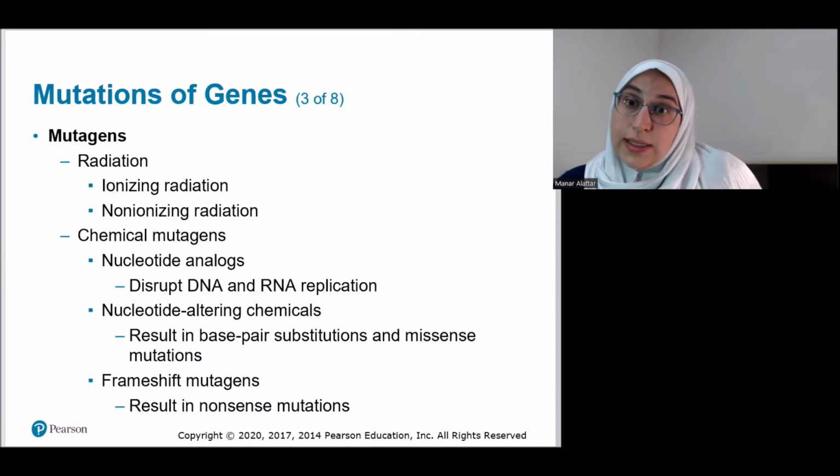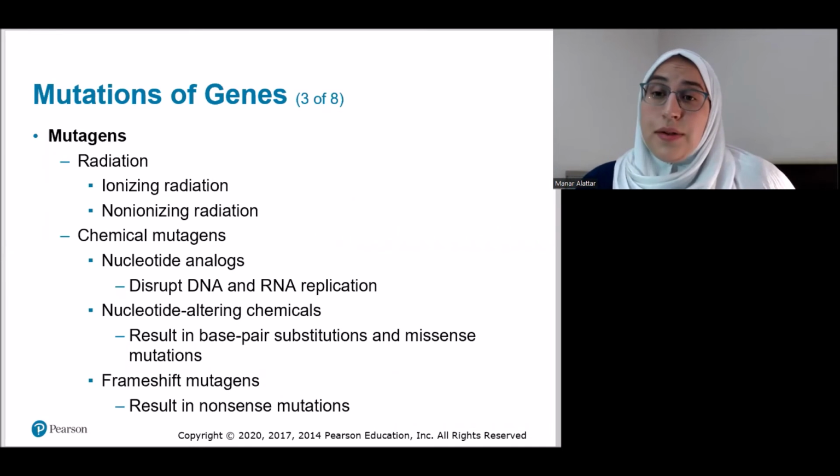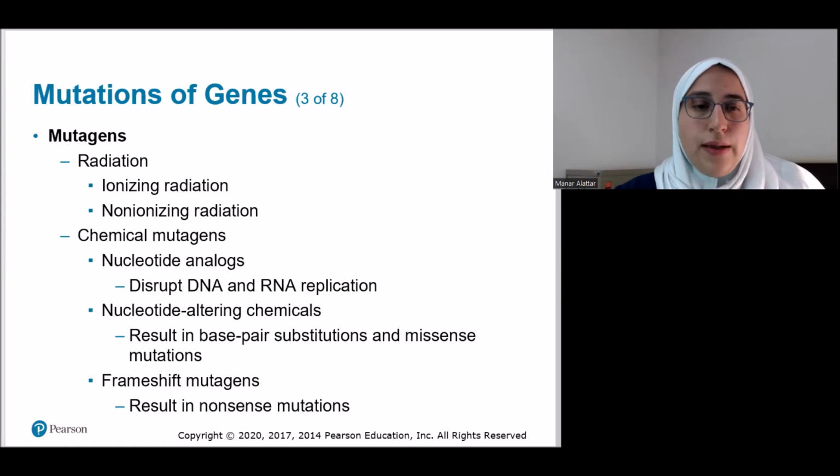Then your body will fix and repair whatever it can. But if the mutagen is too significant, then you will actually see negative ramifications of those mutations, like cancers and other types of inefficiencies throughout the cell and throughout the body.